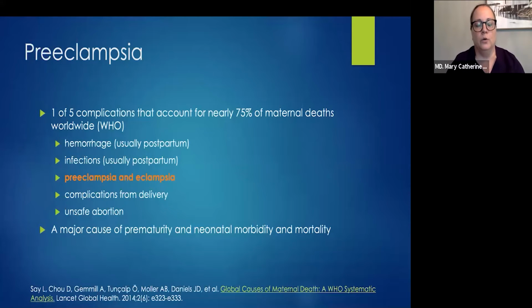And as we know, preeclampsia and eclampsia are not only a cause for maternal issues, but also a major cause for premature delivery, which results in neonatal issues, including various morbidities and mortalities.